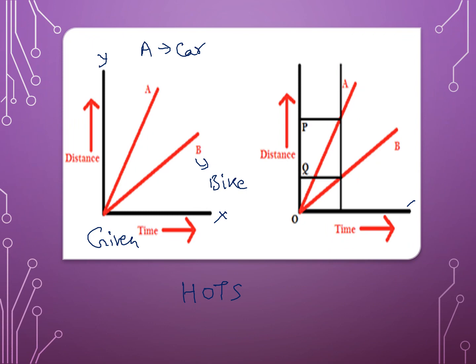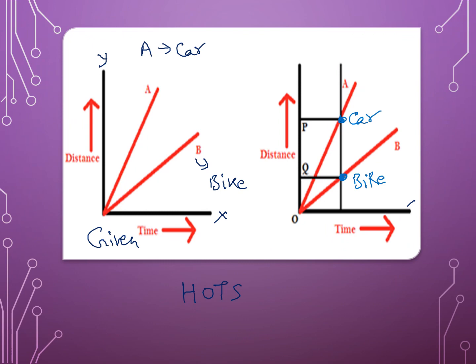Car A has moved to point P and the bike moves to point Q. This is the bike. When the bike is at point Q, the car is at point P.